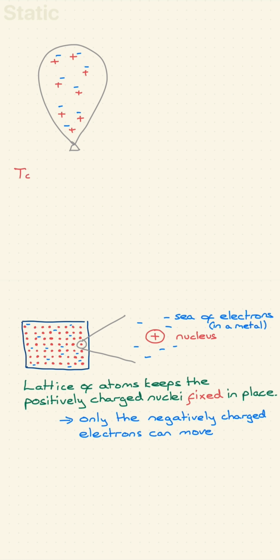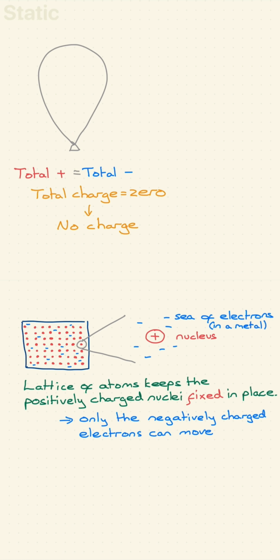But normally, the total positive charge is equal to the total negative charge. So the total charge adds up to 0. We say it has no charge. So, okay, this balloon has no charge.